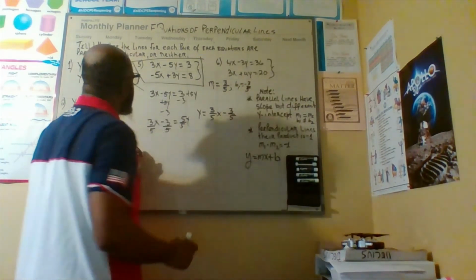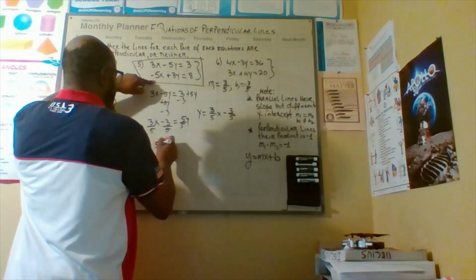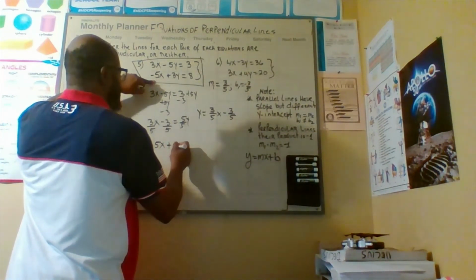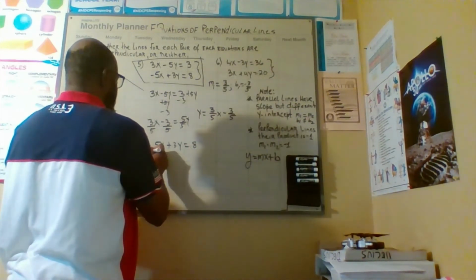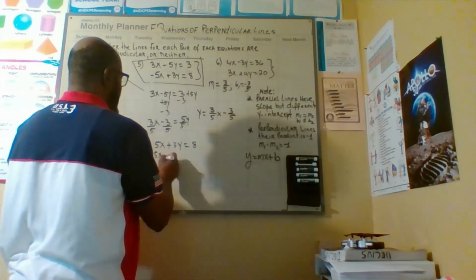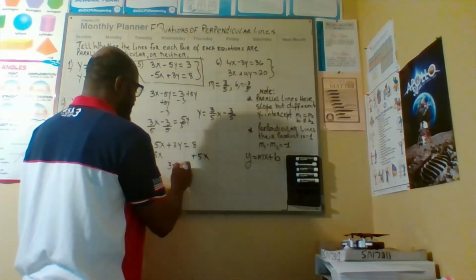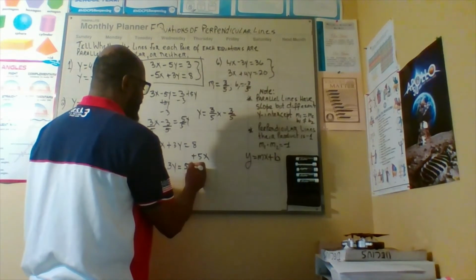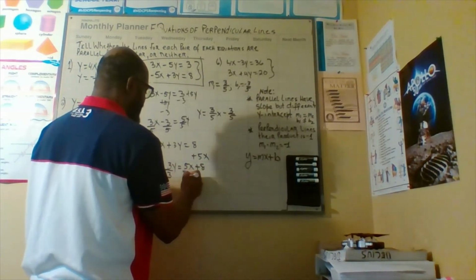So in this case, I can say that m1 is 3/5 and b1 is negative 3/5. So I'm going to take the other one. Let's say negative 5x plus 3y is equal to 8. I'm going to solve for y. I'm going to add 5x on this side. And I will have 3y equal 5x plus 8, divided by 3.